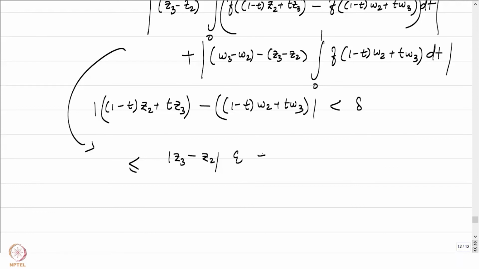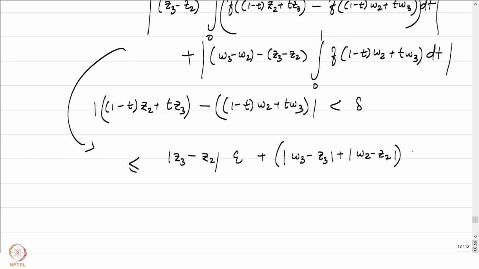And the second one will be the absolute value of w3 minus z3 plus absolute value of w2 minus z2 times the integral of f of 1 minus t times w2 plus t times w3, which has absolute value less than or equal to m on T bar.